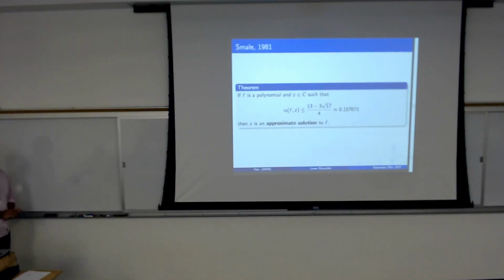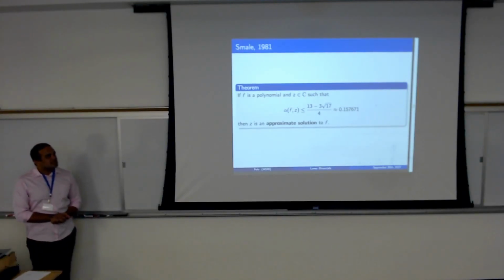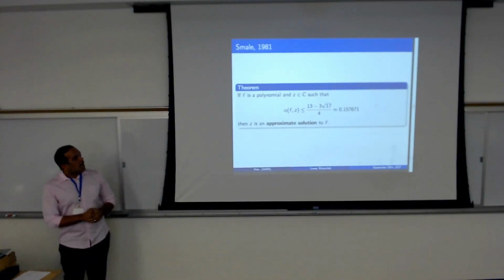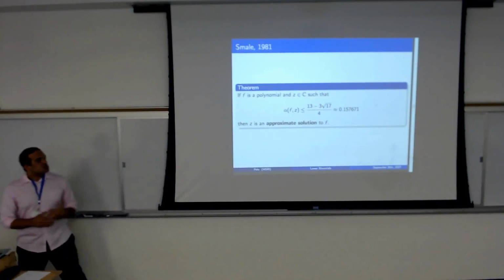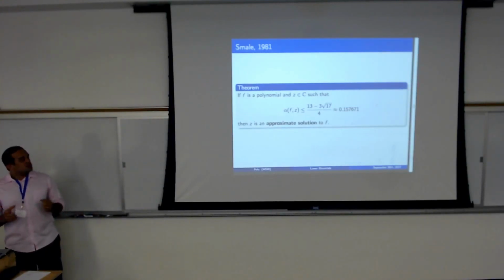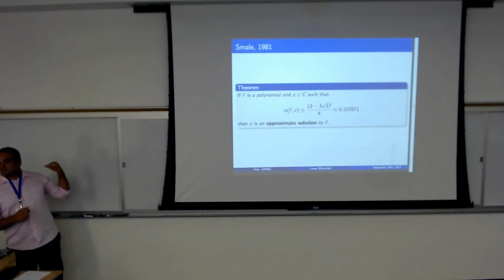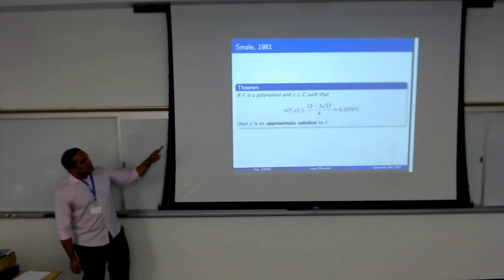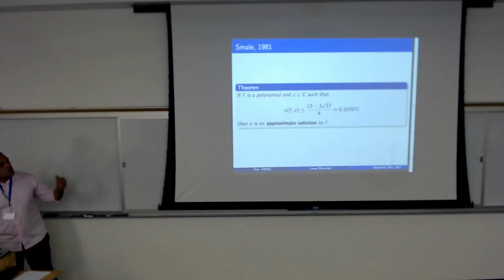And fortunately, we have this nice theorem, which is part of Smale's work in the 80s. The theorem basically says that whenever you have a function and a certain approximation, that approximation is going to be a good approximation in the sense that we defined before if this function alpha is less than or equal to that value over there.